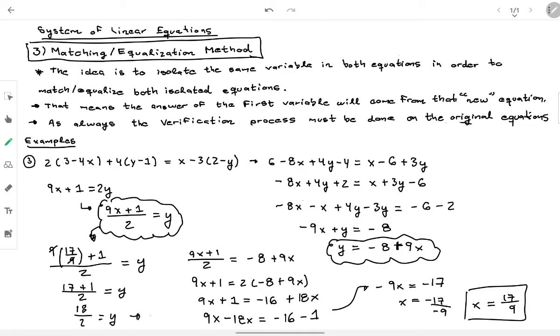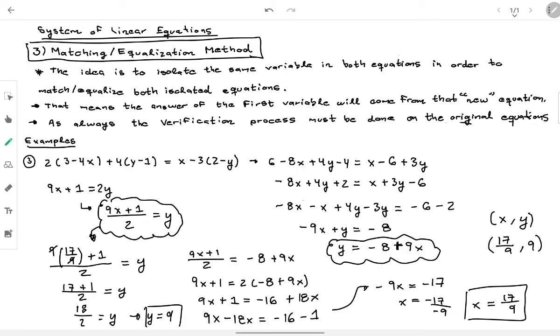That means y equals 9. So we have already a value of x and y. If we want to put it in coordinates, remember it's parentheses x comma y. So it's going to be 17 over 9 comma 9. And that will be the answer in coordinates.